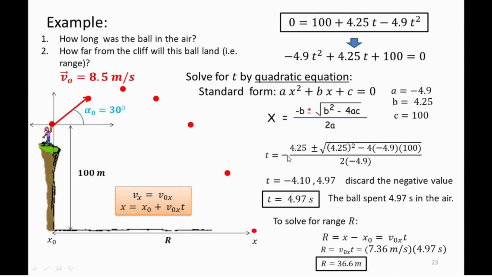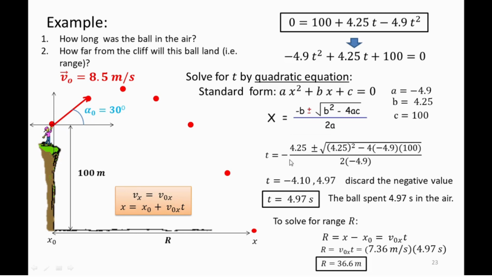So we have here negative of b, which is 4.25, plus minus the square root of the square of b, which is 4.25 squared, and then minus 4 times the a, which is negative 4.9, times c, which is 100, and then all over 2 times the a, which is negative 4.9.